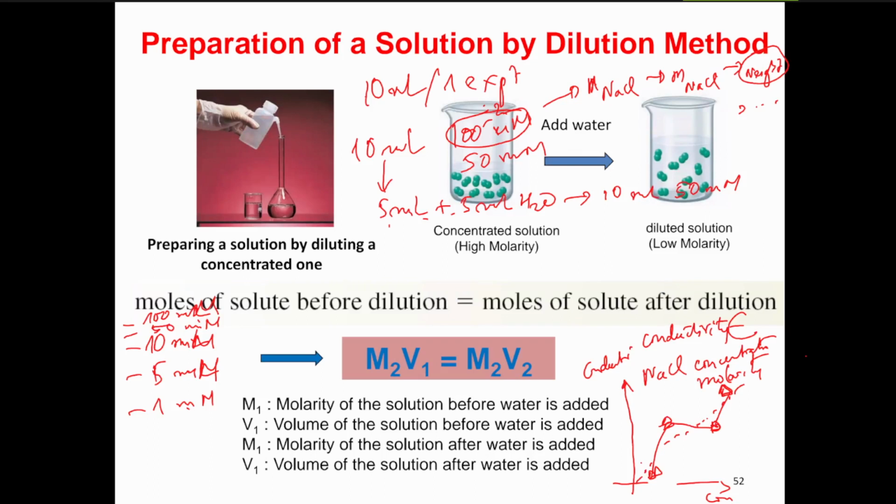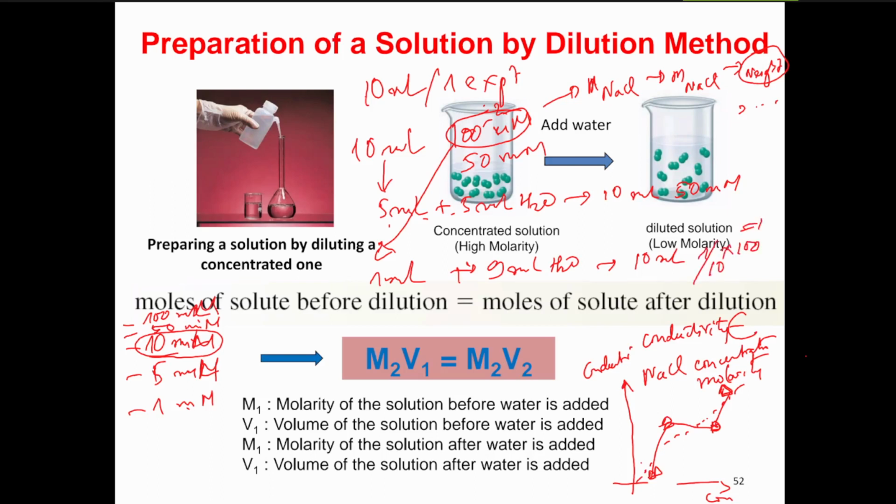And then to prepare the 10 millimolar, you take the 100 one, and then you take 1 milliliter, you add 9 more milliliters of water, so you will have 10 milliliters of solution with the concentration of 1/10 times 100.